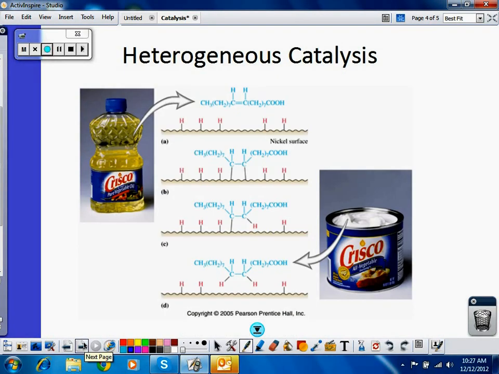And a heterogeneous catalyst, this is where we a lot of times use metals such as nickel or platinum to catalyze a reaction. This is illustrating a hydrogenation reaction, where we're adding hydrogens to a fat. So here is my liquid fat, and this fat is unsaturated.